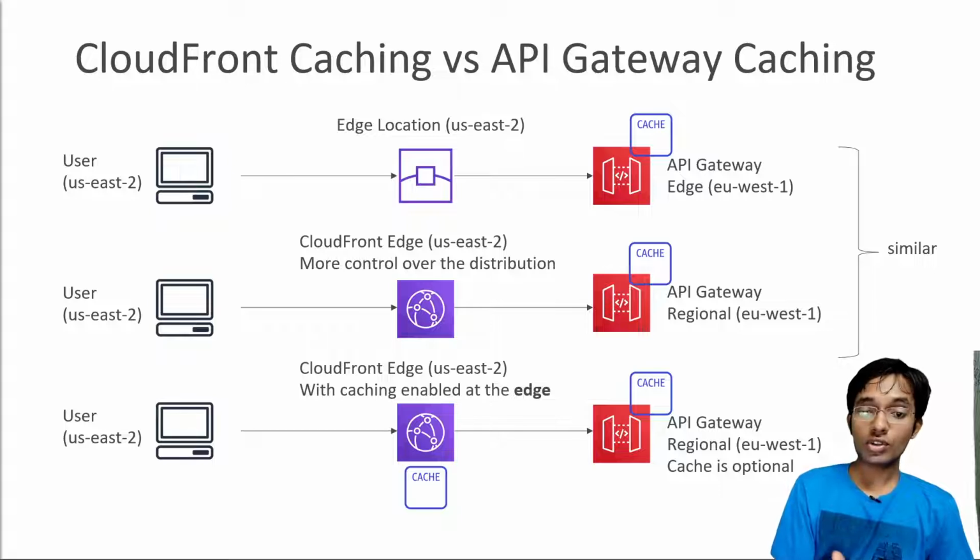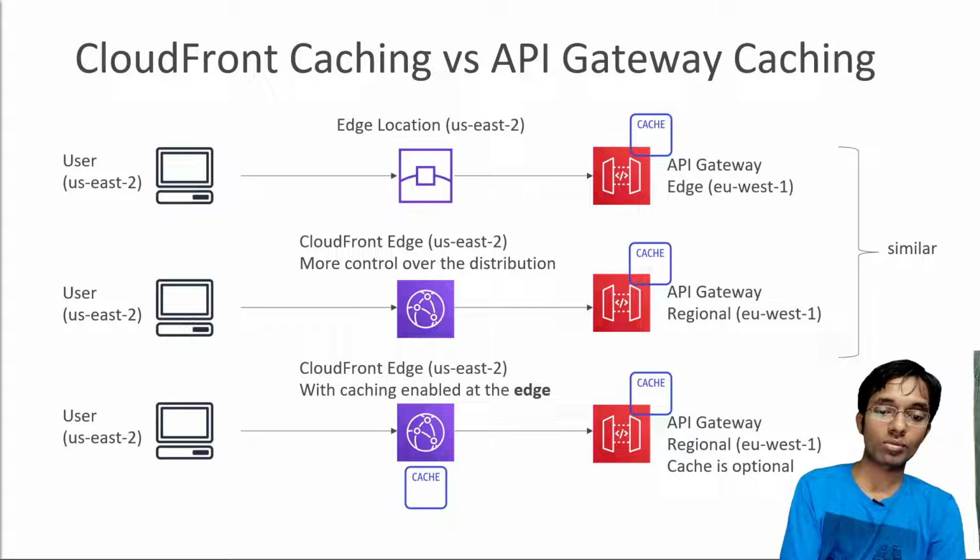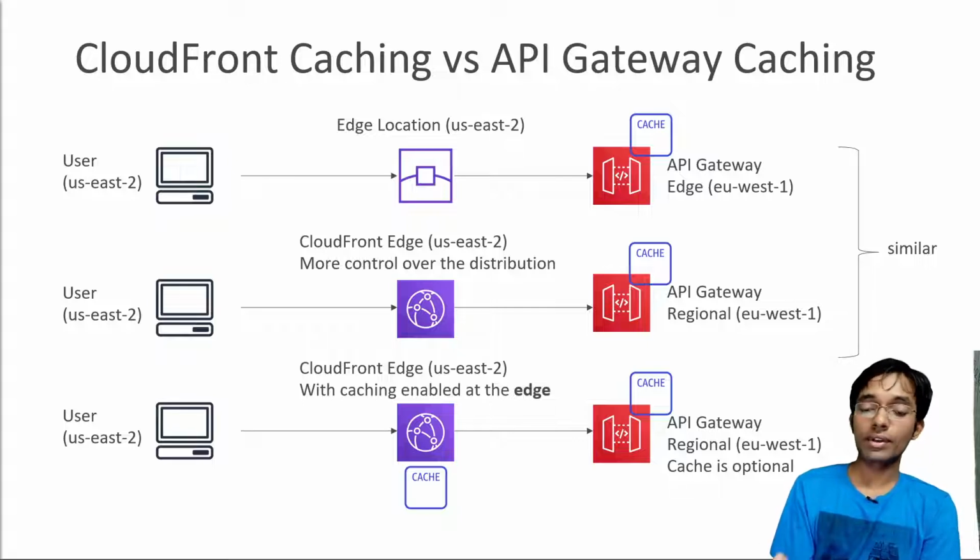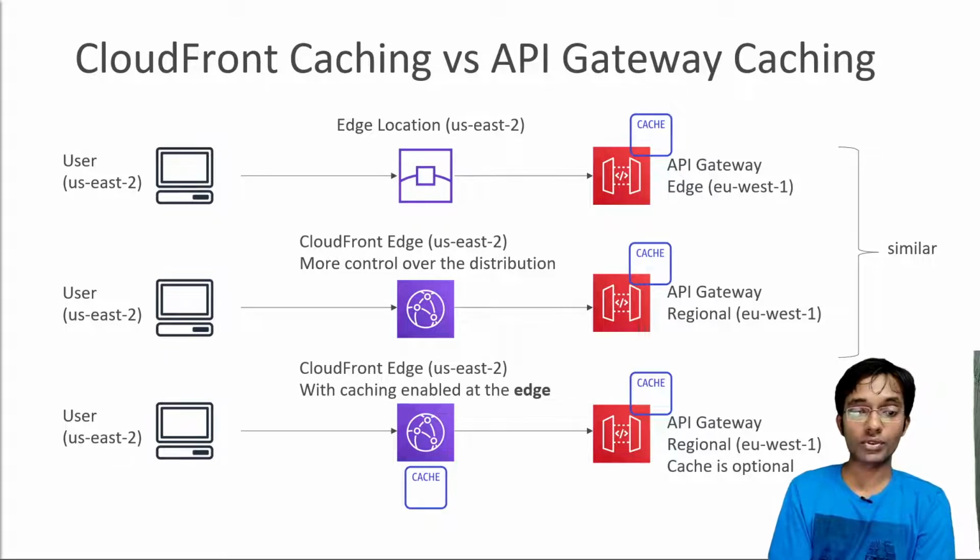So it is possible now, thanks to separating the CloudFront distribution out of your API gateway distribution, to have caching enabled at the edge, if you set it up correctly, okay. So again, it will depend on your strategy on how you configure CloudFront. But these are different kinds of solution architectures.